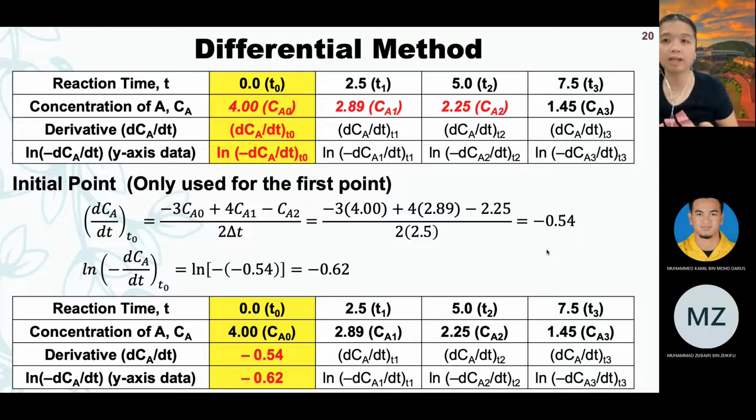So sekarang kita dah dapat dCA per dt daripada formula negative 0.54. Tapi tak habis lagi sebab my y-axis data is ln minus dCA per dt.